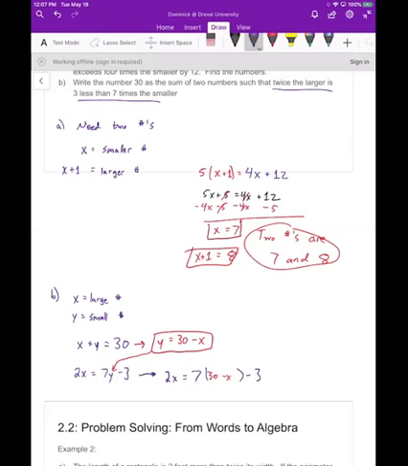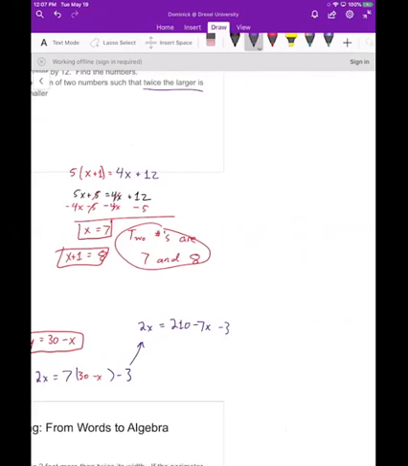All right, so now we have an equation that we can solve. So if we solve this, we're going to get that 2x is equal to 7 times 30, which is 210, minus 7x, and then minus 3.